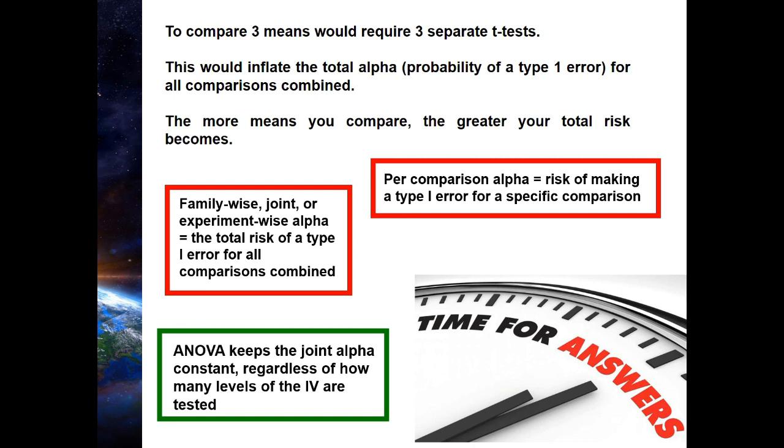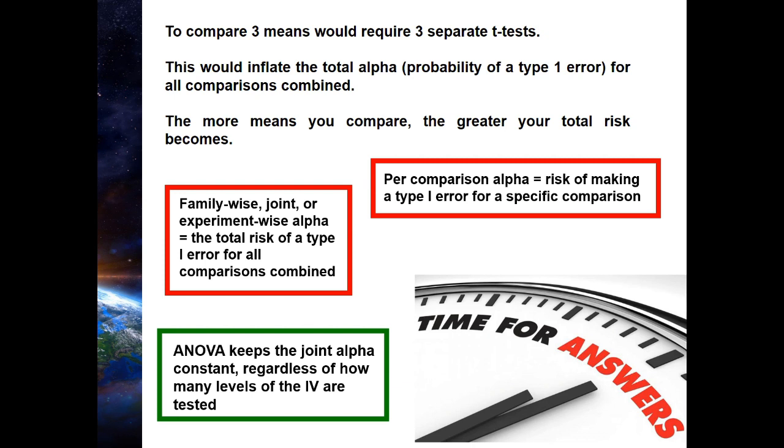And the solution is to do the ANOVA. If you do a one-way ANOVA on your data, whatever you set alpha to be, 0.05, it's going to be 0.05 no matter how many means are being compared by that ANOVA. So regardless of whether you have 3, 4, 5, 6 means that you're comparing, if you set your alpha to be 0.05, the risk of making a type 1 error will not exceed that.